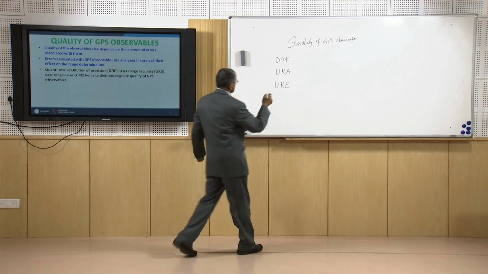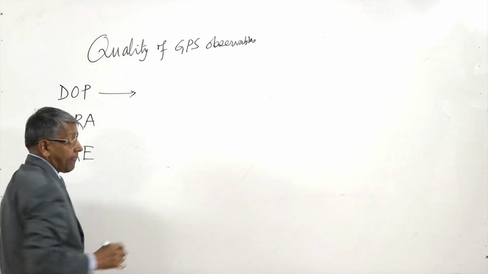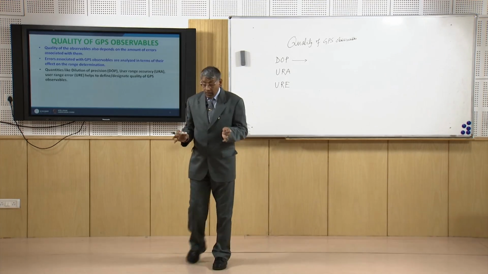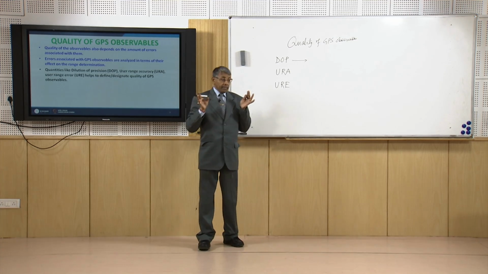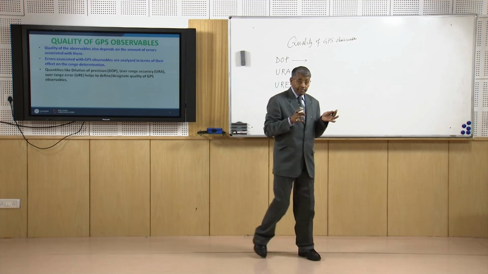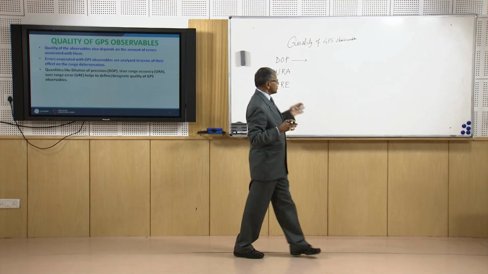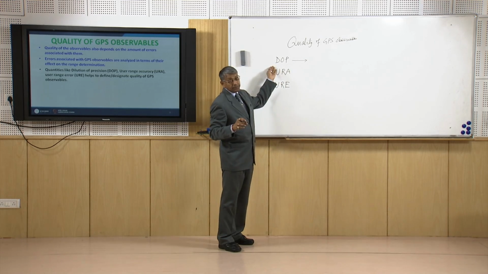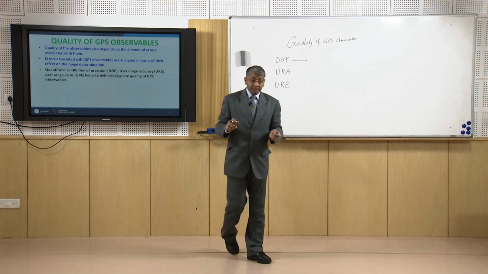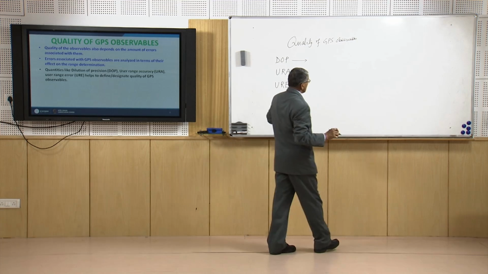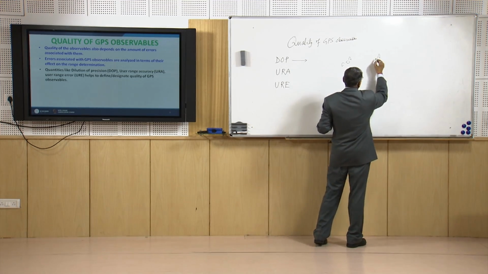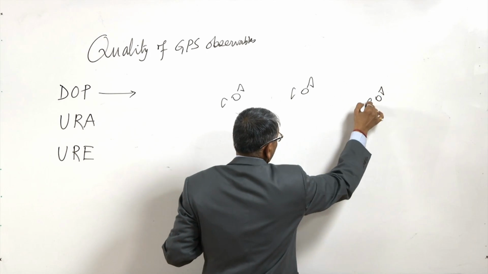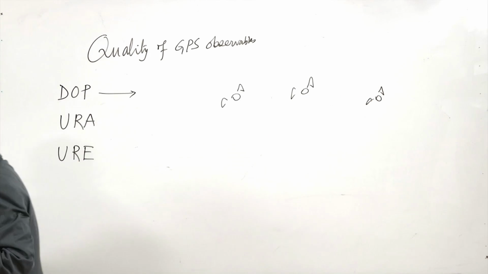Now this DOP, dilution of precision: during the observation of GPS data, the GPS receiver provides us this value. This value depends upon the geometry of the satellites with reference to the receiver.